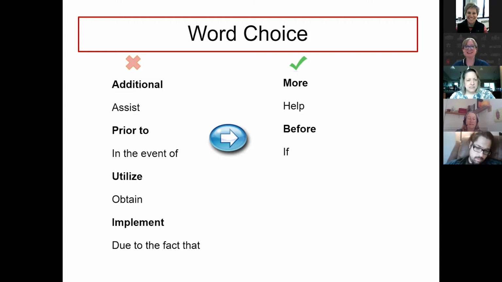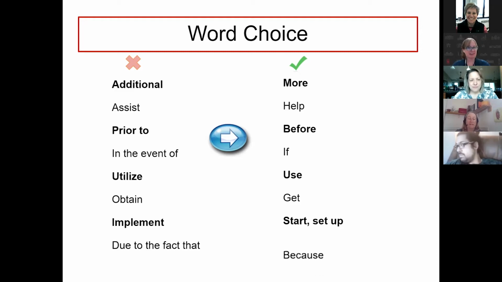And I just clicked on my example, if or in case are both great substitutes. Utilize could be use, obtain, get. Implement, do, and we were thinking a little bit that idea of do for the first time. So start or set up. And then I heard due to the fact that, because.